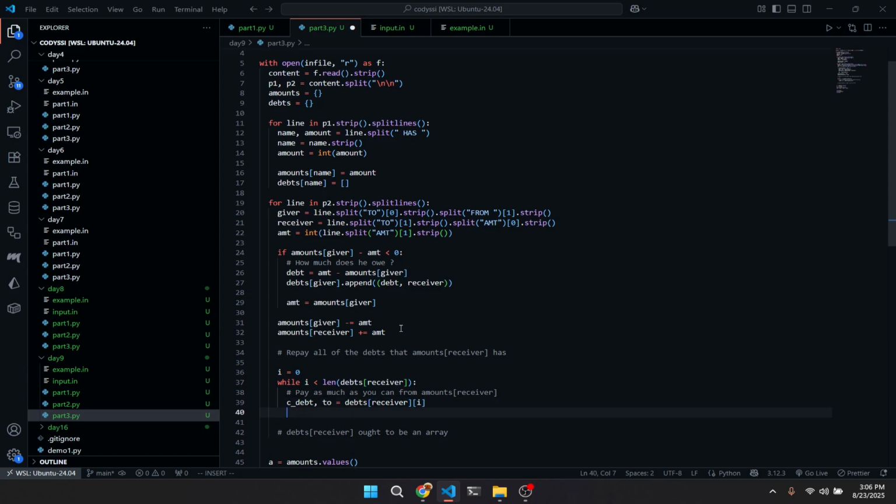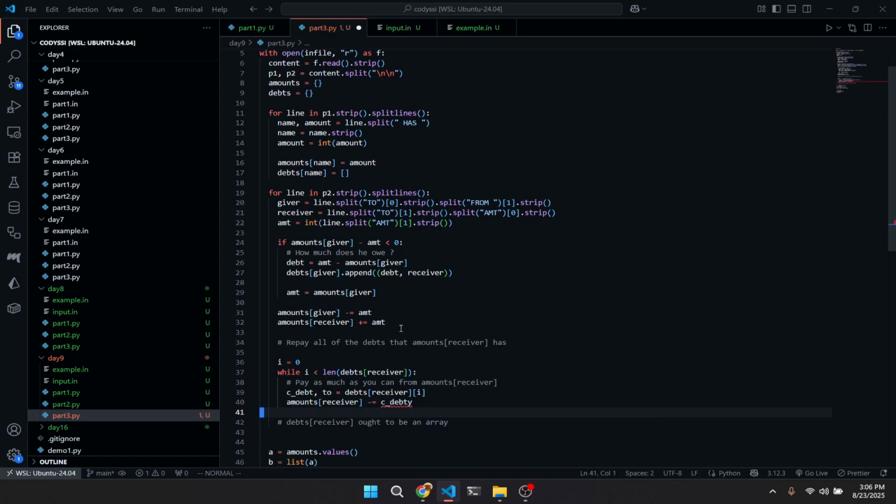So if you can pay the current debt, so paying the current debt means doing this, actually how much can you pay, right?